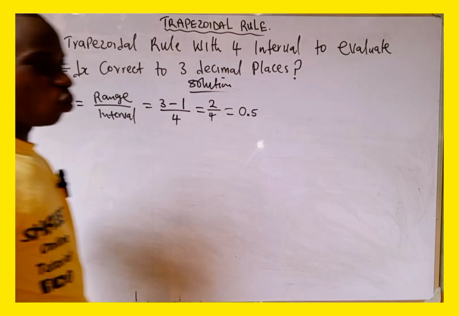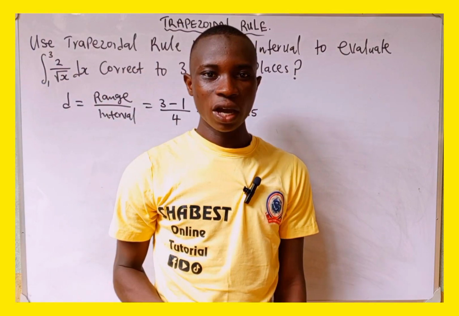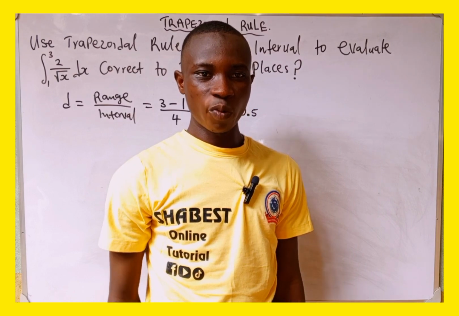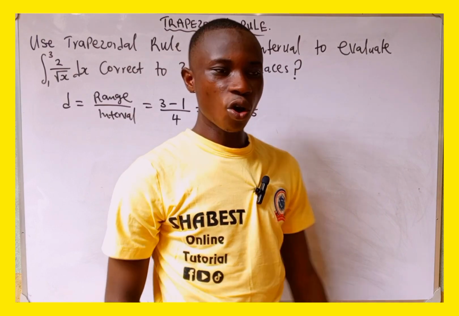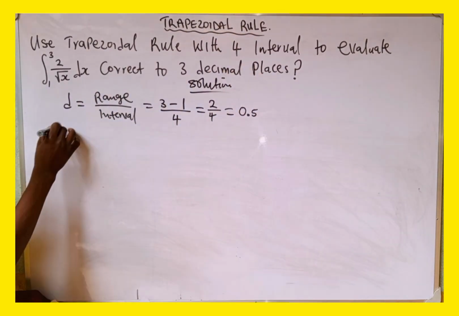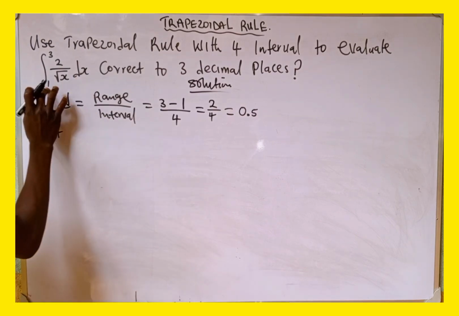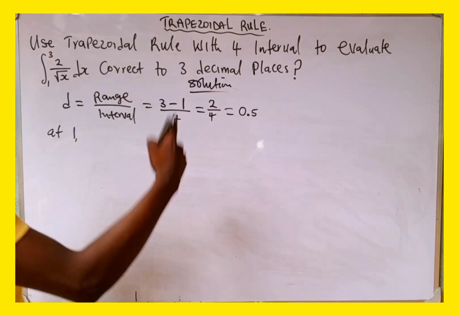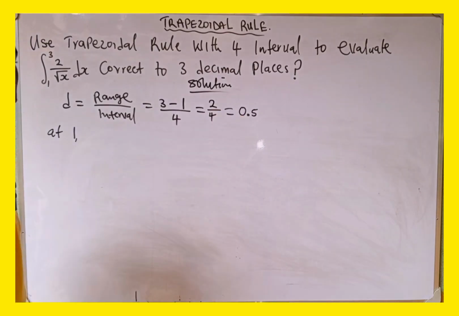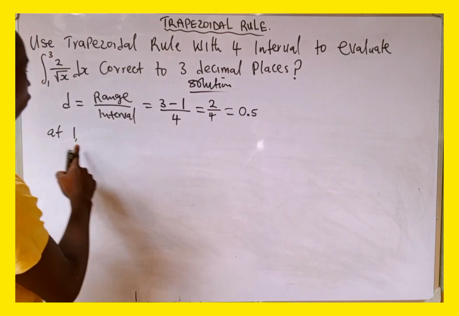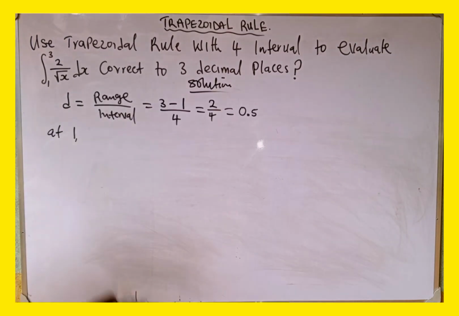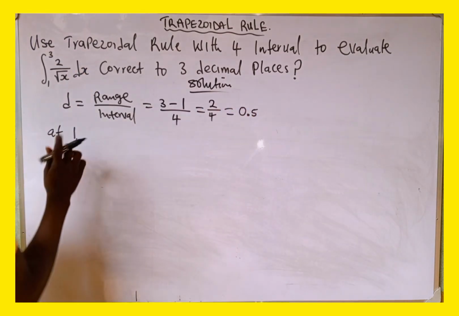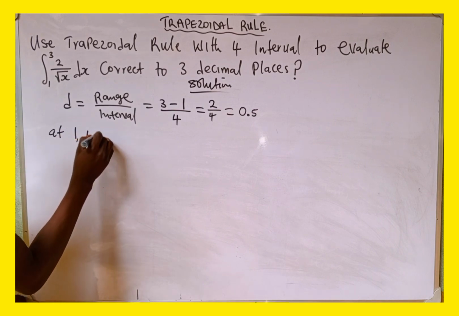After getting the width of the interval, the next thing we are going to get is the ordinate points. The first one is the lower limit, which is 1. Then we add the width of the interval, which is 0.5, to 1, up to when we reach the upper limit. 1 plus 0.5 gives us 1.5.